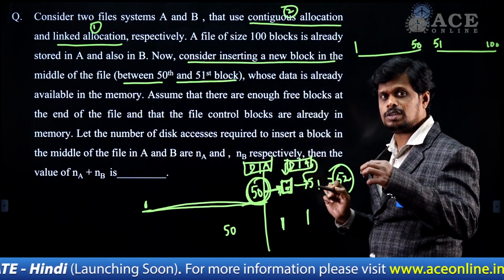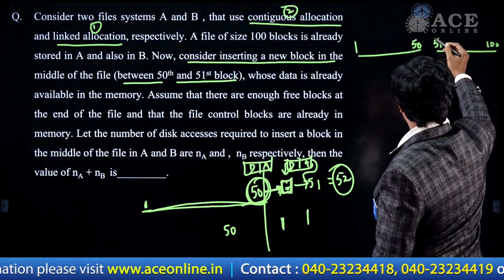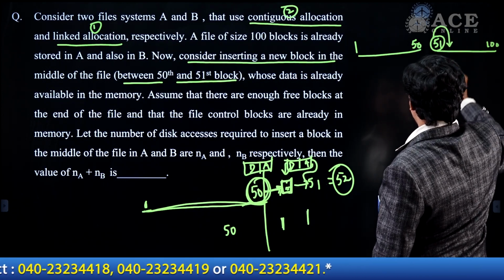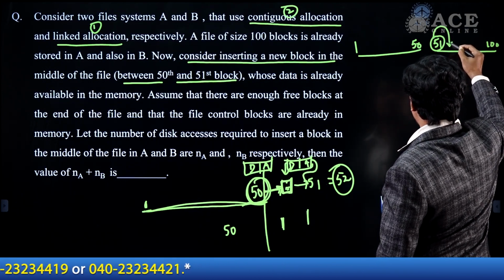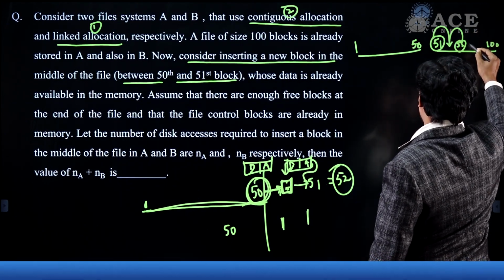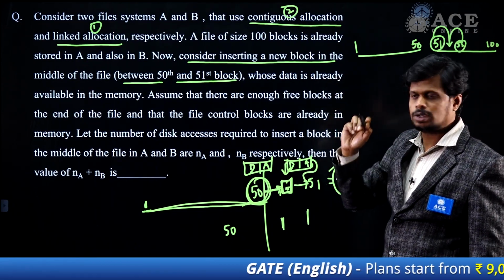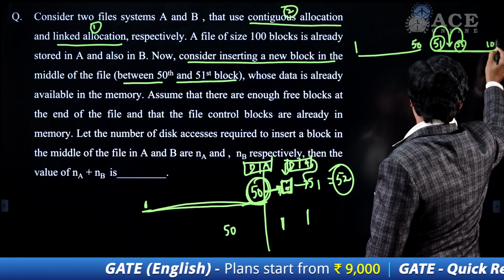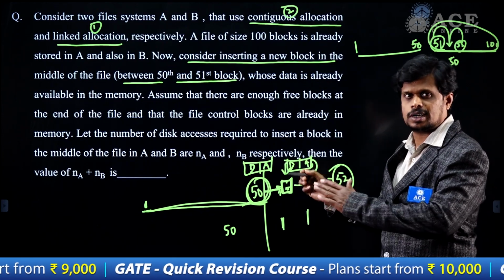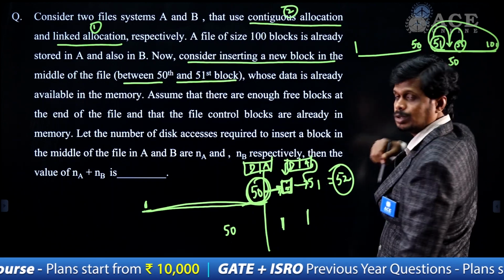For insertion of this new block between 50 and 51, the data in the 51st block should be shifted to 52, the 52nd should be shifted to 53, and like that the 100th should be shifted to 101. So all these 51 to 100 blocks, which are 50 blocks, must be shifted to the right in order to accommodate the new disk block.